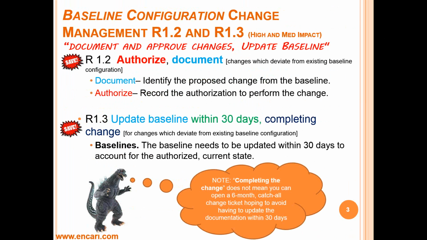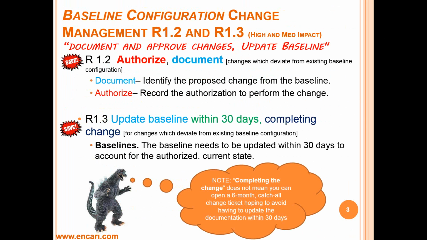I see Godzilla at the bottom of the slide here. He says you can't have any 6-month tickets, to try to avoid the 30-day requirement of updating your documentation. Is that probably good advice? Yeah, I would definitely say that's good advice. That could be deemed as kind of maybe gaming the requirement in a way.